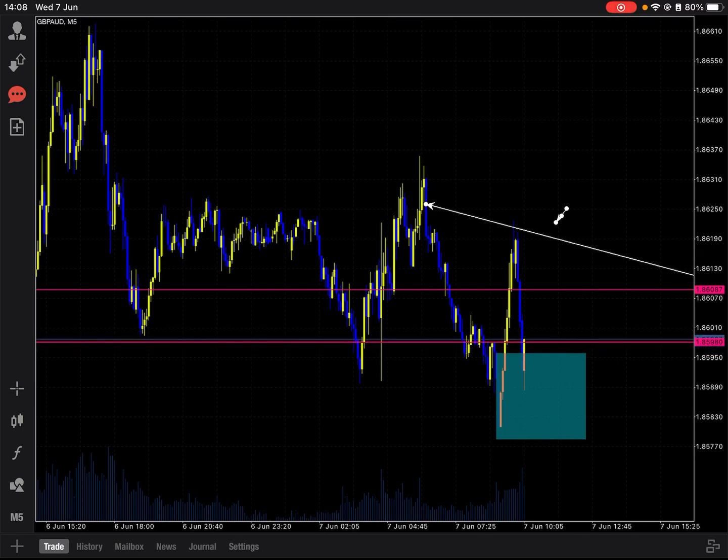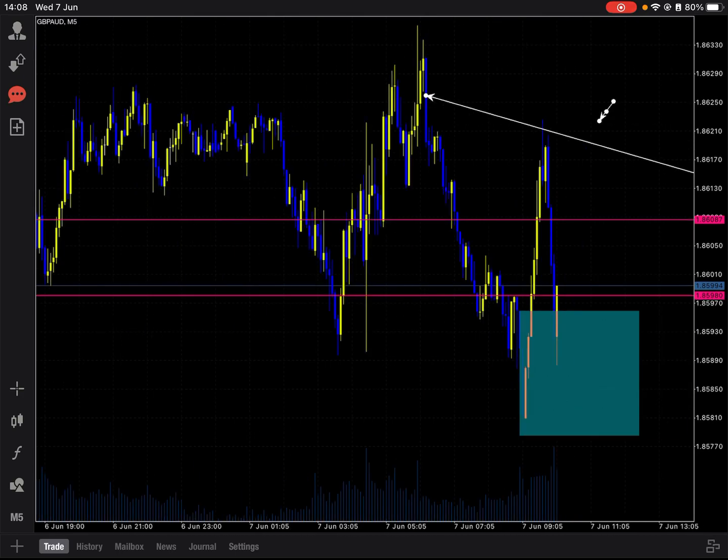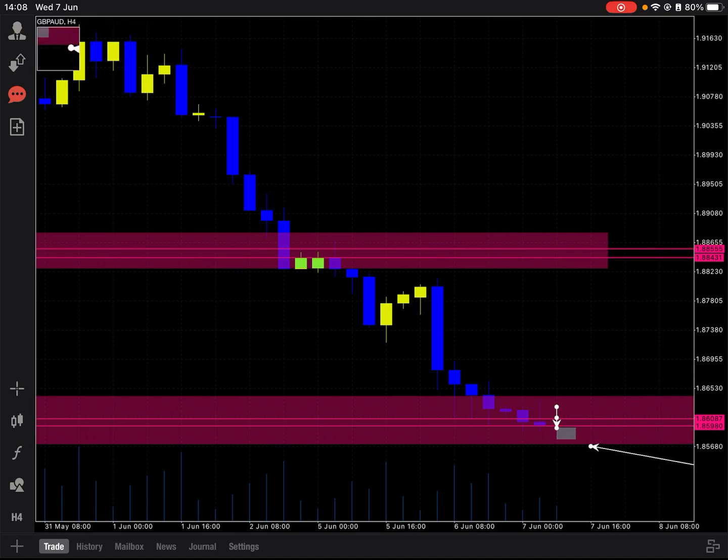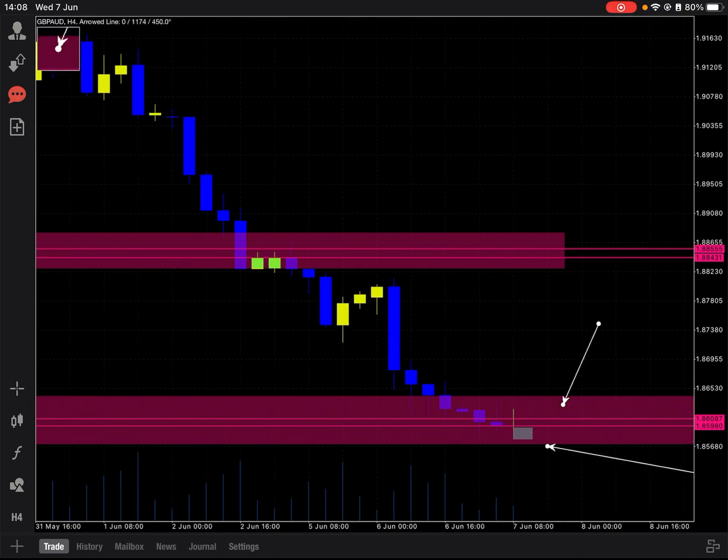Okay? So what do we do? We just monitor this M15 zone for now, because M5 has not created anything yet. But the sellers cannot break, right? Our H4 candle over here cannot close below our buy zone.